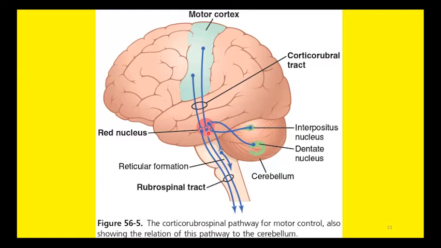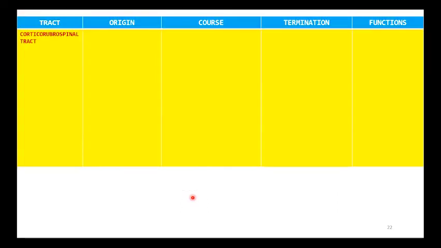One is superior to the red nucleus, the other is inferior to the red nucleus. And this red nucleus is located in the tegmentum of the midbrain. The collective terminology for both the corticorubral and rubrospinal pathway is the corticorubrospinal tract.